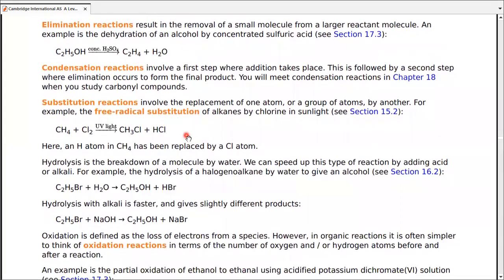Next up is condensation reaction. Condensation reactions involve a first step where addition takes place, followed by a second step where elimination occurs to form the final product. So it's also known as addition-elimination reaction, but we usually call them condensation reactions. Condensation reactions were discussed in the polymers chapter, where you discuss condensation polymerization.